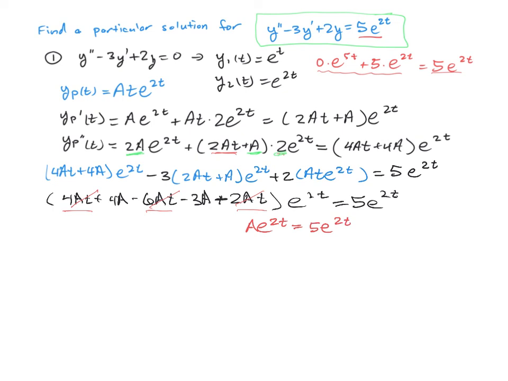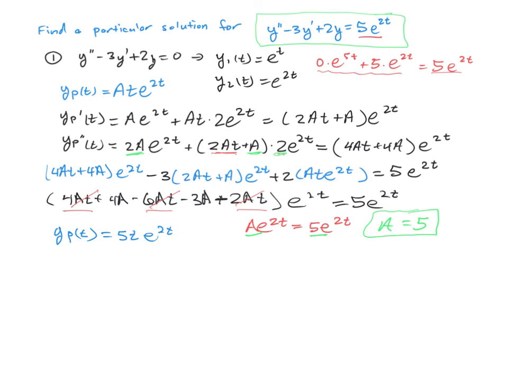We now compare those coefficients, and we see that a must be equal to 5. So that is our coefficient on our forcing term. So our particular solution, yp of t, is 5 times t e to the 2t.